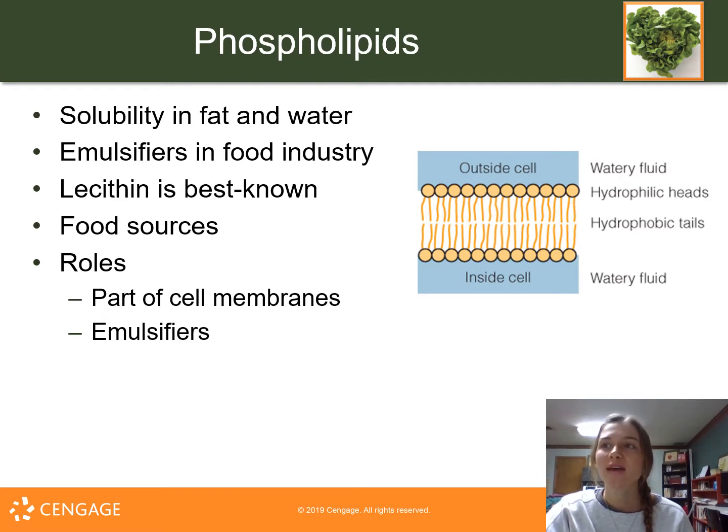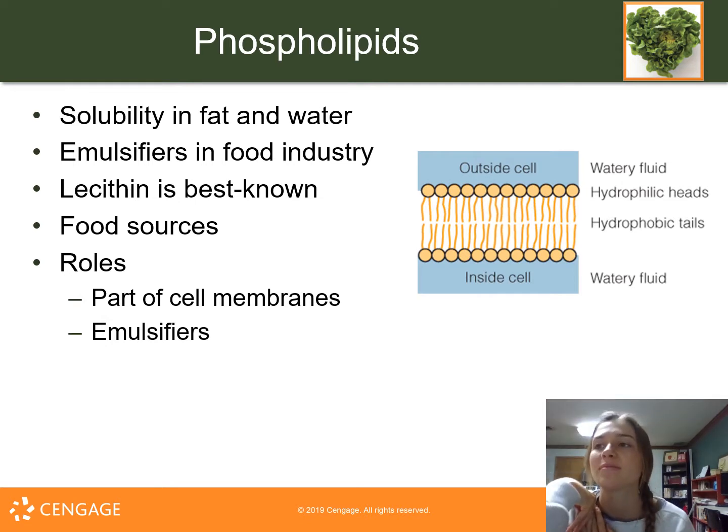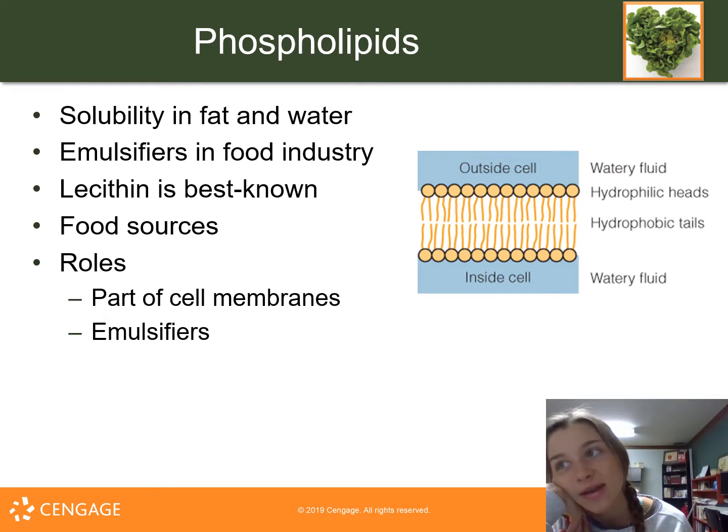Diving into phospholipids, a cell membrane is made of phospholipids assembled in an orderly fashion called a bilayer. You can see in that photo on the screen that it's very ordered, with the fatty acid tails going towards themselves, away from the watery fluid inside and outside the cell, and the glycerol and phosphate heads are attracted to the watery fluid.